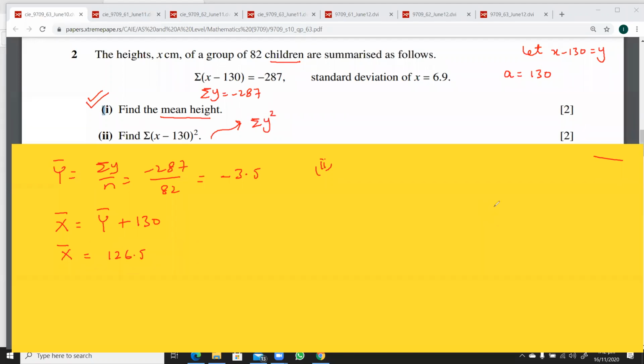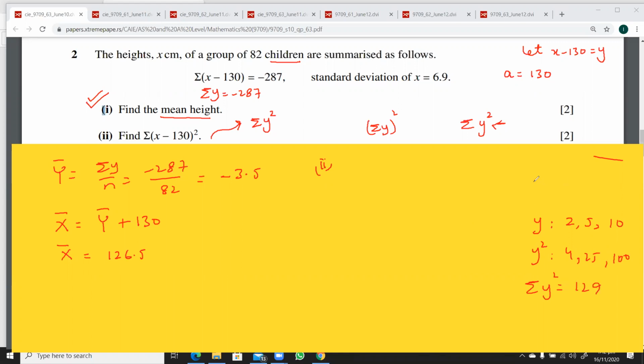Please remember that sigma y squared is different from sigma y whole squared. Suppose your y is 2, 5, and 10. If you want to find sigma y squared, then you will have to have y squared with you. So that will be 4, 25, and then 100, and the sigma y squared would be 129.